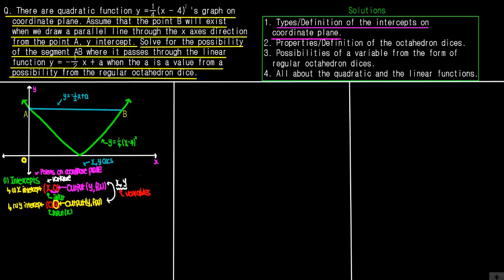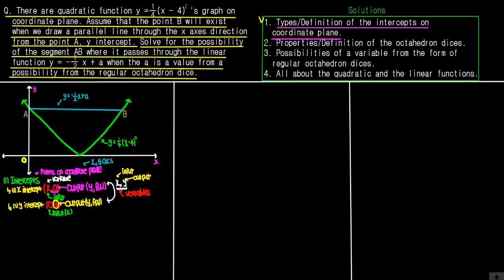So we notate x as the input of our function and y as the output. And this was our first thing we need to know in order to approach this question: the types, as well as the definition of the intercepts on the coordinate plane.